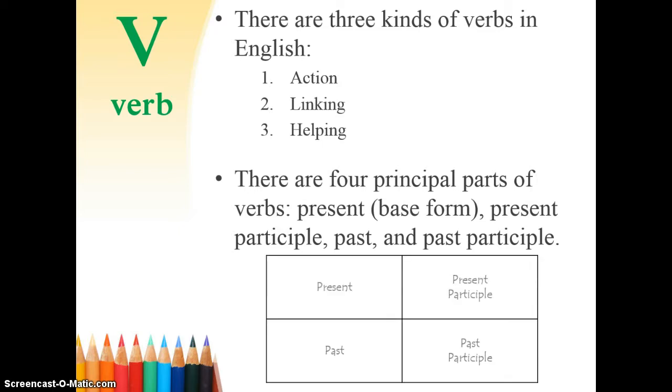I use this chart when discussing them in class. You can see that present and present participle are on the top of the chart, and past and past participle are on the bottom. Let's look at a verb as an example. Let's use skate. In its present or base form, skate is simply that, skate.